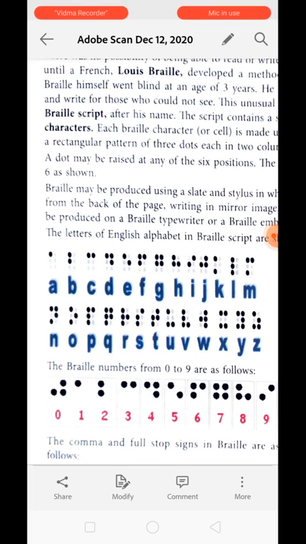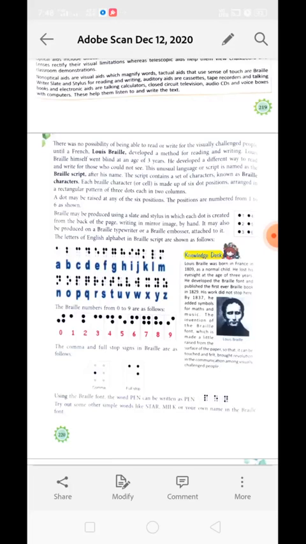Whenever the person writes by hand, they have to write the mirror image because they will always touch the back of the page. While creating a hole, the page from the back gets pressed. You can see in your own copies that when you write on the back of a page, it always appears as a mirror image. So to write with the help of a stylus, the person has to make holes which are the mirror image of the letters.